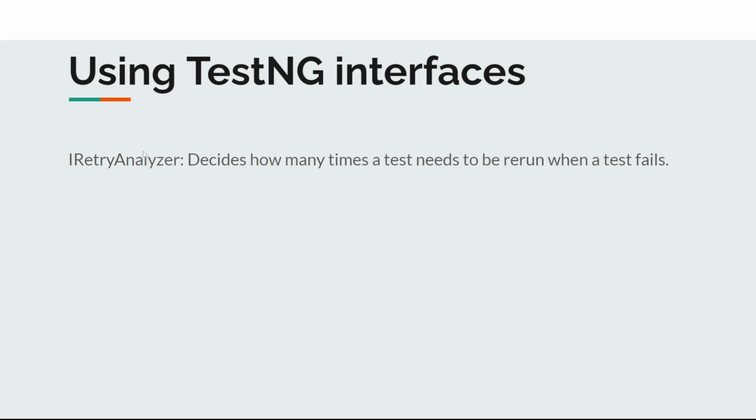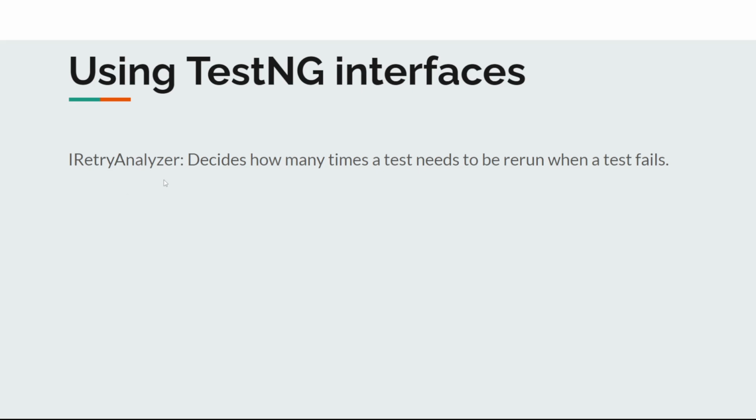The objective of the method inside the interface is clear, but the body is empty, so that we can write the code inside the body the way we want. The objective of IRetryAnalyzer is to decide how many times a test needs to be rerun when it fails. So this is one of the interfaces we're going to use.